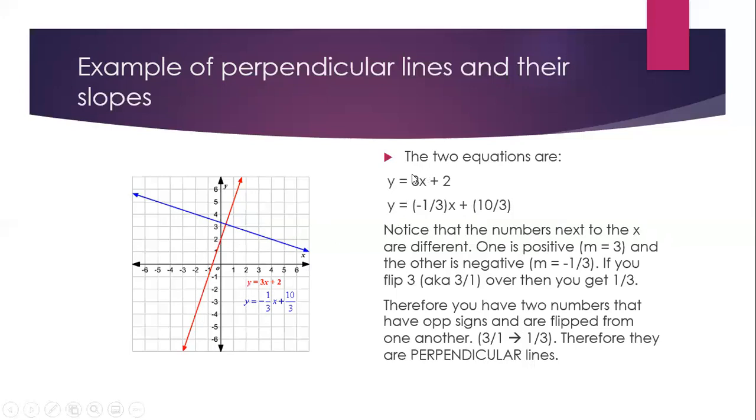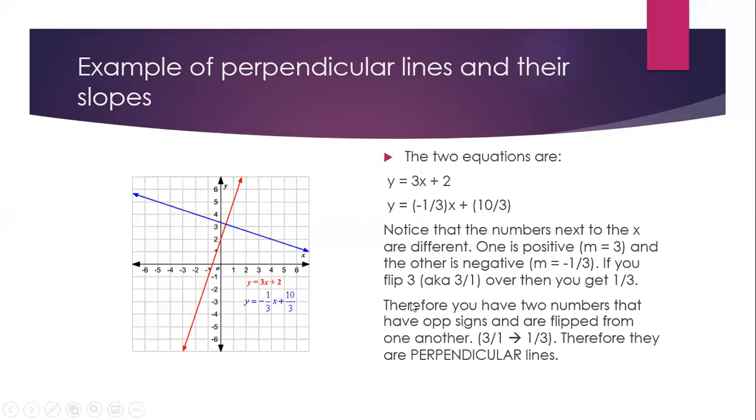The slope of the first one is 3, which is the same as 3 over 1. The slope of the second one is negative 1/3. How do I know that? Because I looked at the number next to the x. One is positive 3, the other is negative, which means they're opposite signs from each other.